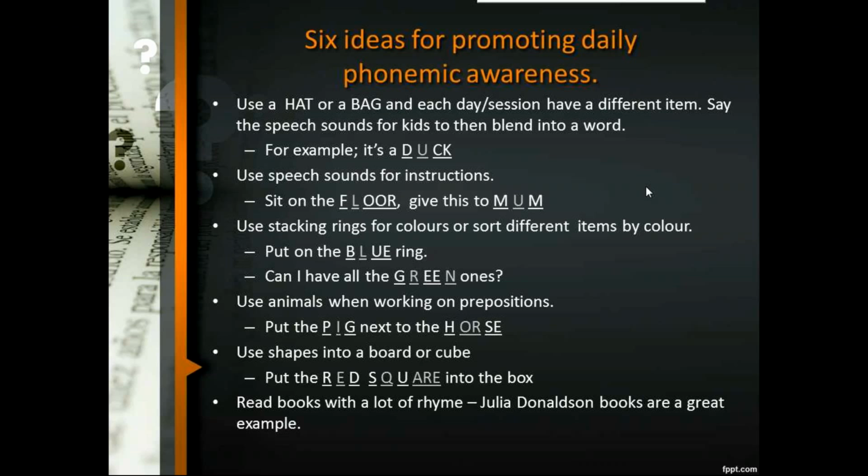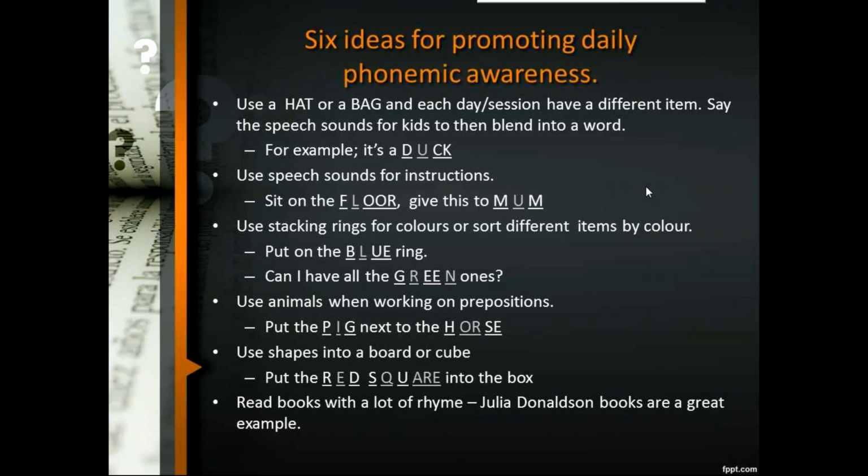So if they pick up the pig, put it next to the horse, you know that they've got that skill in phonemic awareness. Another one, using shapes into a board or a cube, you know, your old Tupperware ball to put the shapes in, or peg boards or little boxes with different shapes. Put the red air into the box. So you're just breaking down those sounds so they can hear the differences.